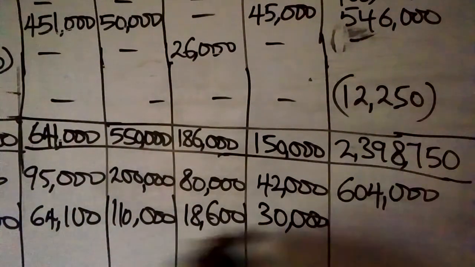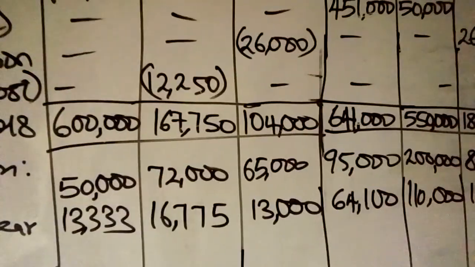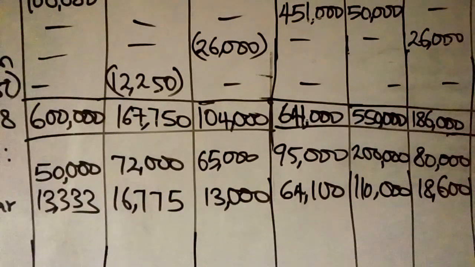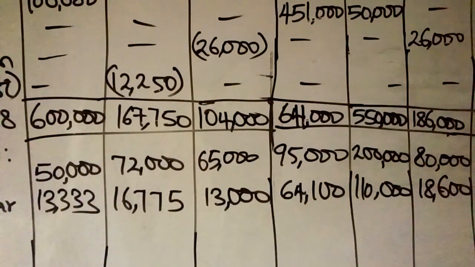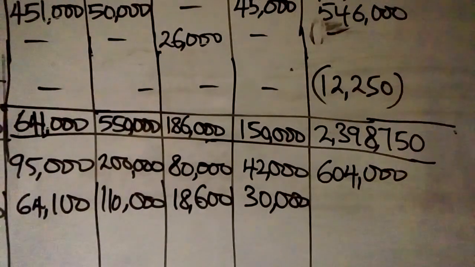So you now sum up all these depreciation charges for the year: 13,333 plus 16,775 plus 13,000 plus 64,100 plus 110,000 plus 18,600 plus 30,000.